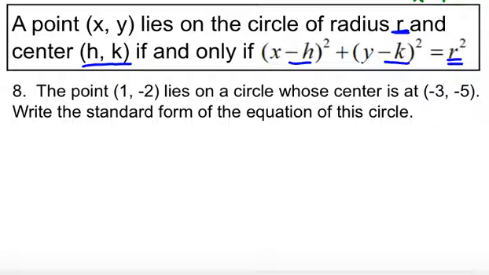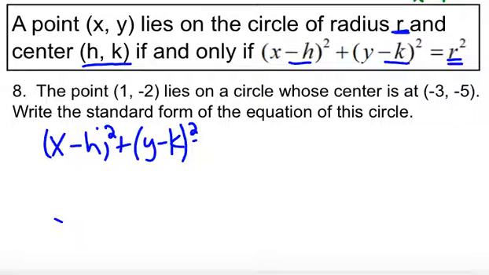So at number 8, the point (1, -2) is on a circle whose center is at (-3, -5). We want to know the equation for this circle. Okay, so our equation is going to look like this, squared. Okay, and we know our center.